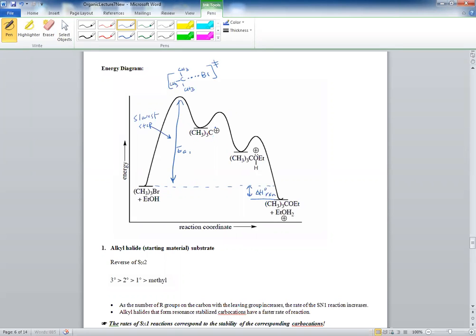Here's your intermediate, the carbocation. Of course, you have another transition state, and on and on. Each one would have its own EA, so that would be EA2, and that would be EA3. Notice how we're applying what we learned here. So be able to draw the transition state for the slowest step.